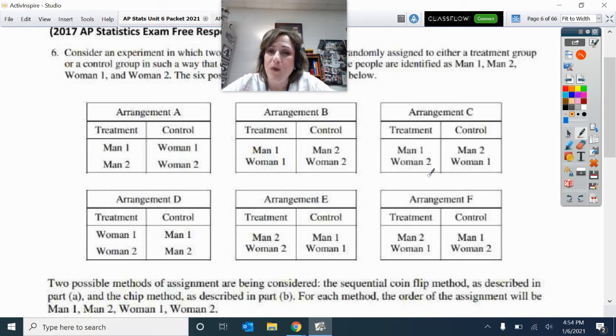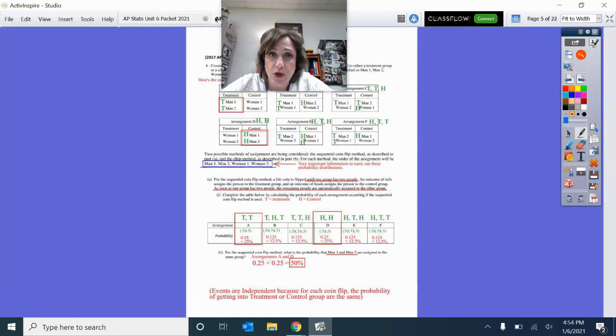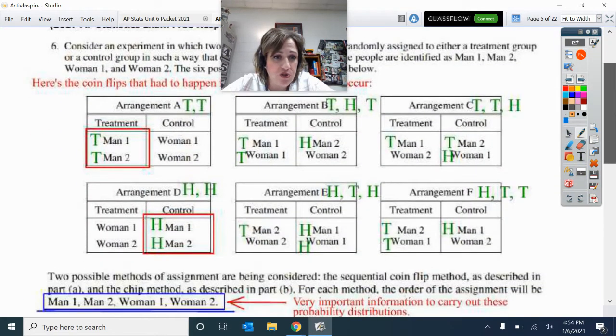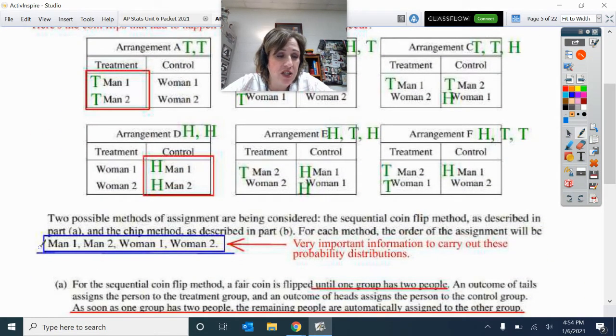One thing that is really quite important is the order in which they assign the men and the women. It's important to know that they go man 1, man 2, and then woman 1, woman 2.